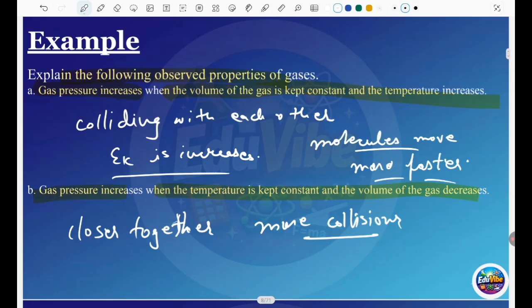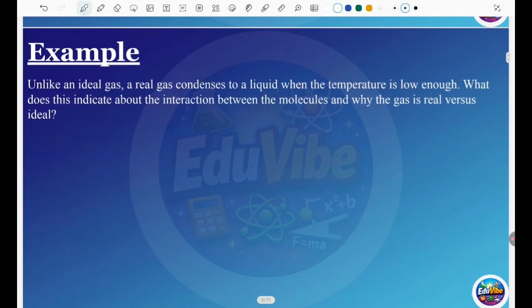For this question, explain that unlike an ideal gas, a real gas can condense to a liquid when the temperature is low enough. The idea is about the interaction between the molecules, and why the gas is real versus ideal.